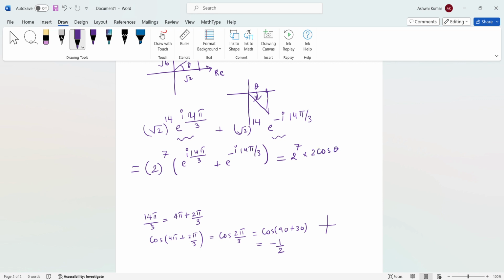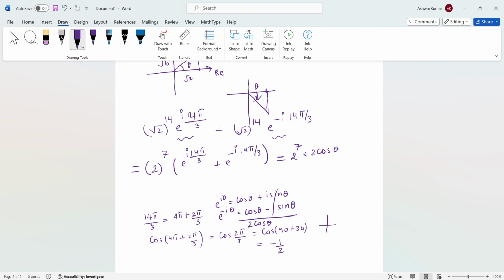I hope all of you know how this result comes, because e to the power i theta is equal to cos theta plus i sin theta, and e to the power minus i theta is equal to cos theta minus i sin theta. Now adding both of them, these terms get cancelled and we are left with twice cos theta.